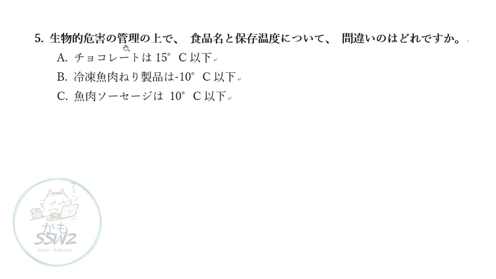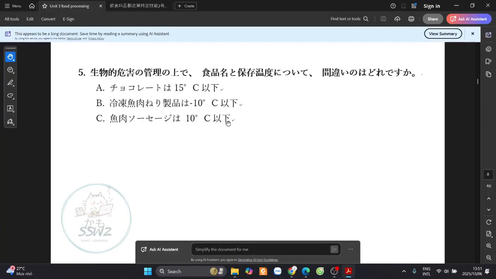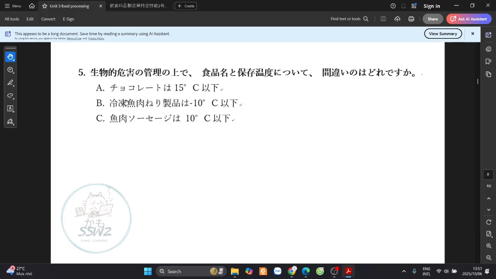生物的危害の管理上で食品の温度について間違っている点はどれですか？ A, 15℃以下. B, 冷凍魚肉の練り製品は... So the right answer for this is B answer.